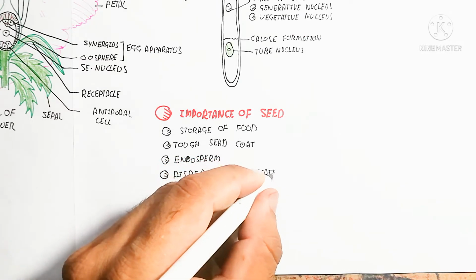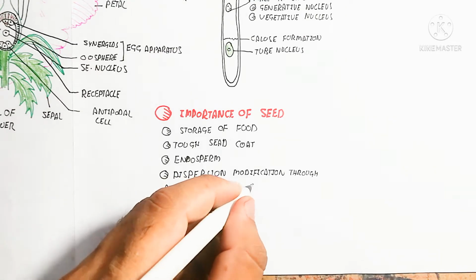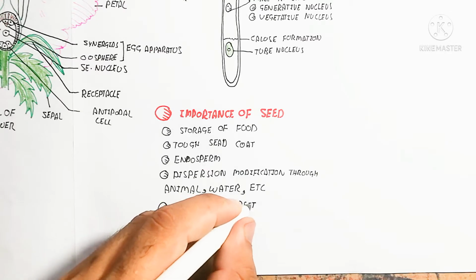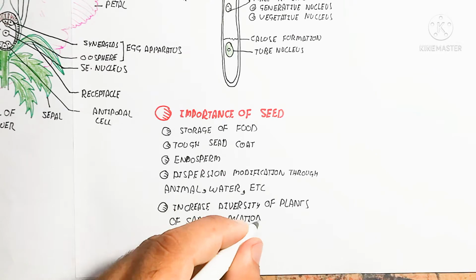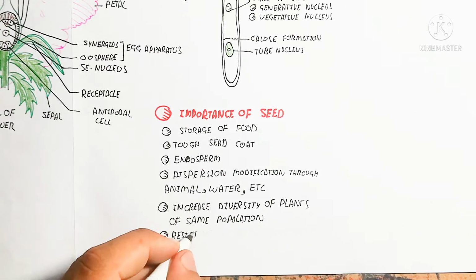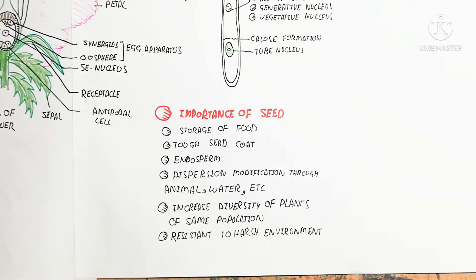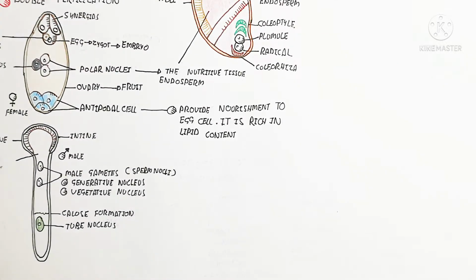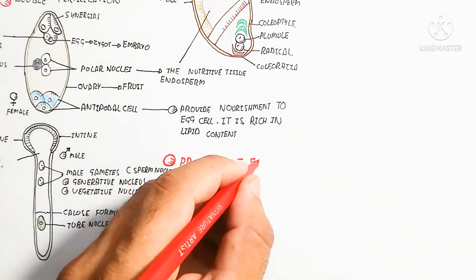The storage of food and the tough seed coat prevent pathogenesis, and the endosperm inside is used for nutrition of the embryo during development, so it is important. And dispersion through animals, water or air, everything related to that, and increased diversity of plants in the same population and resistance to harsh environments.